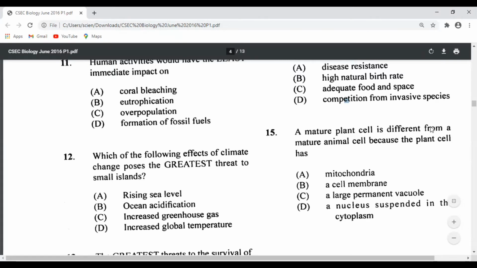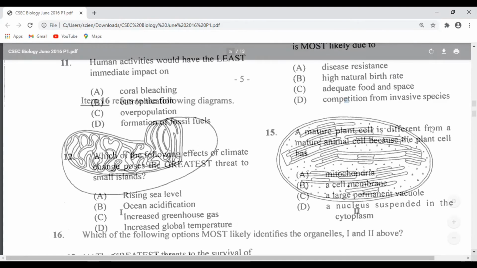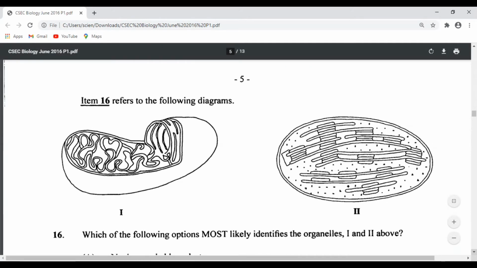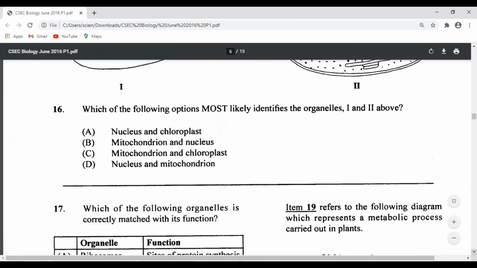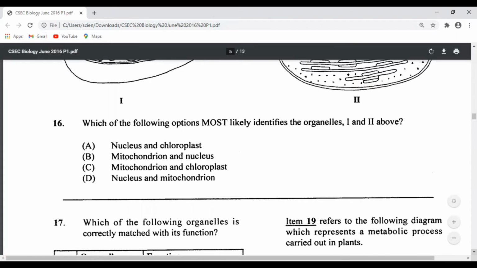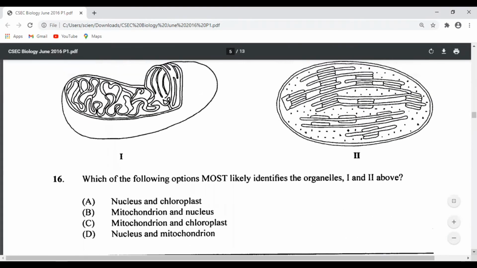So question 16. Item 16 refers to the following diagrams. As usual, go to the actual question. Which of the following options most likely identifies the organelles of 1 and 2 above? So go look back at the diagram.